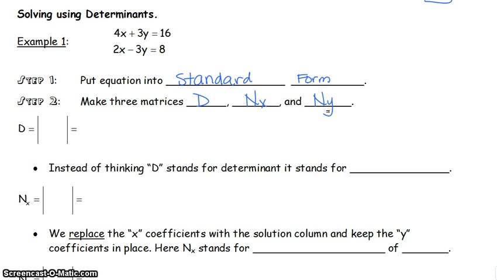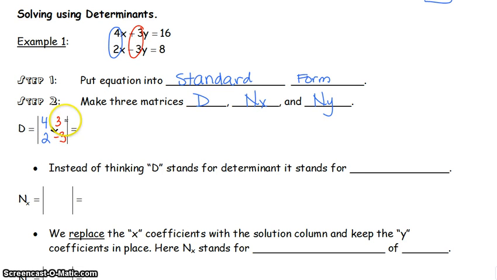combinations. When we start with the D matrix, what we're going to use are the x coefficients, 4, 2. We're going to use the y coefficients, 3, negative 3. So the first matrix you're going to set up, you're going to use the x coefficients and the y coefficients. Once you have that set up, you are going to find the determinant of that matrix.